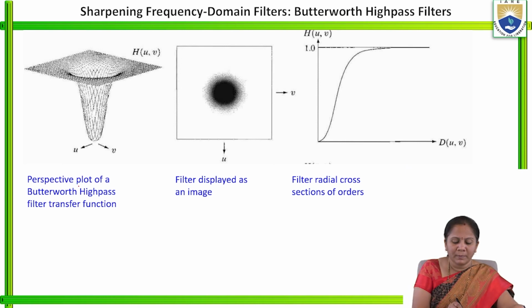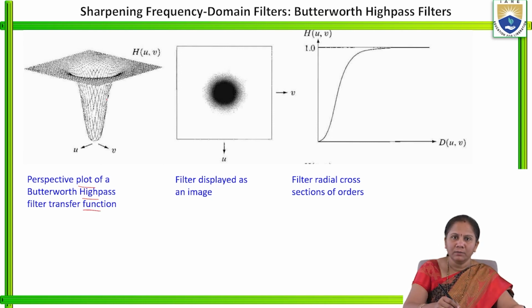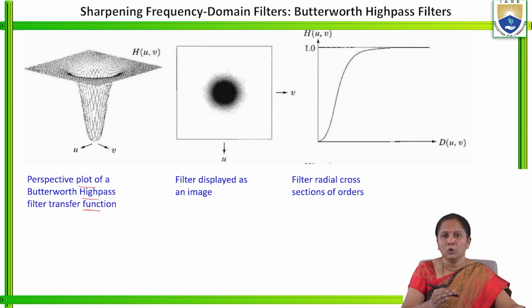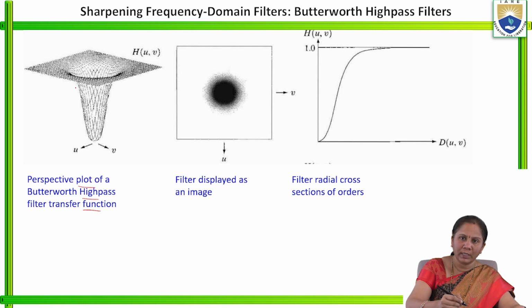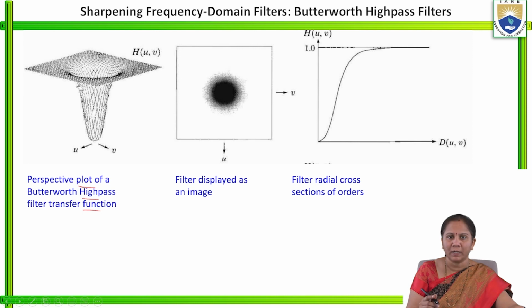Now, coming to the perspective plot of the Butterworth high pass filter transfer function. We can observe that in the ideal low pass filter, we have a sharp transition. In the ideal high pass filter, we can observe a sharp transition like this. But here we cannot have a sharp transition.